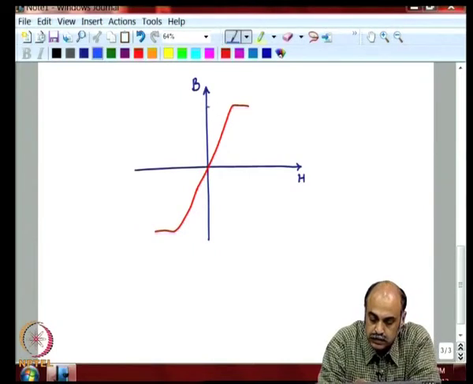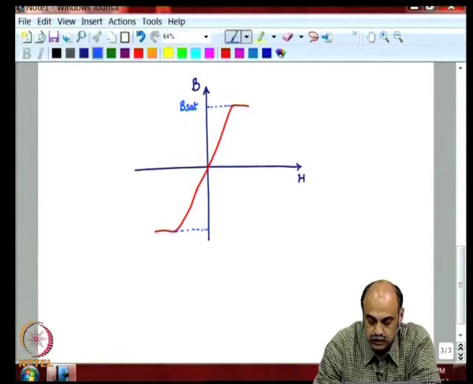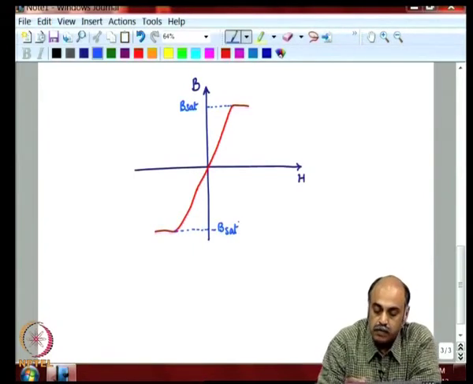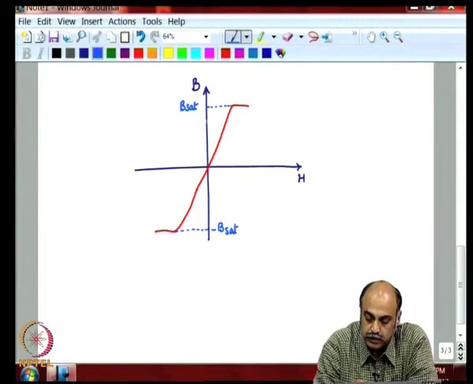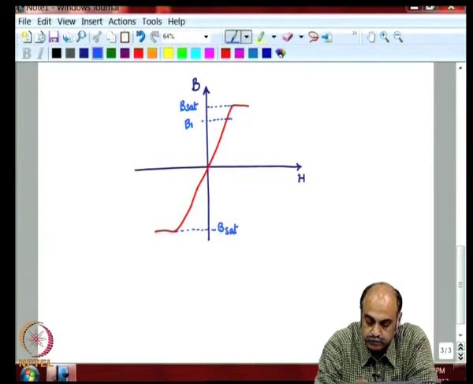So, let us say this is called B_sat and this is minus B_sat, but the operating point may be much well below B_sat. So, let us say this is B_m.